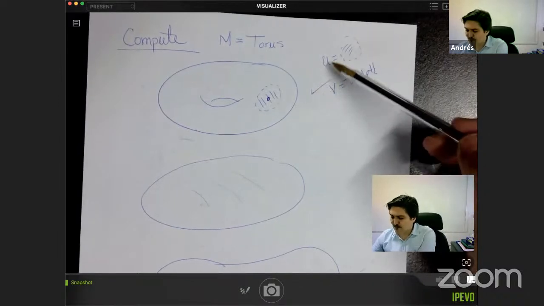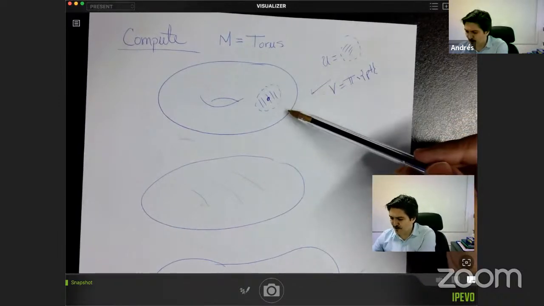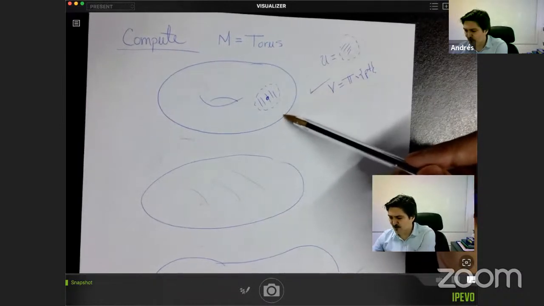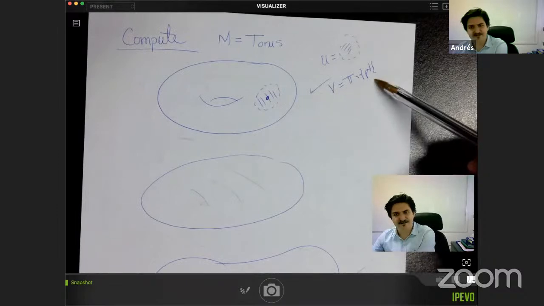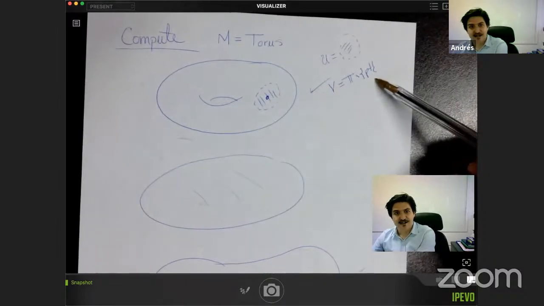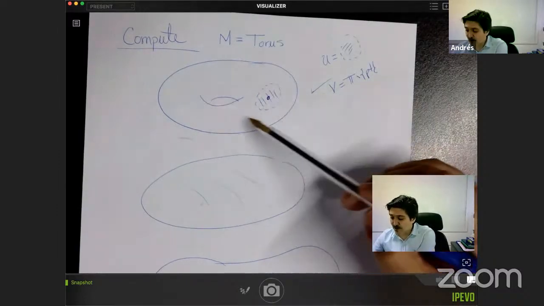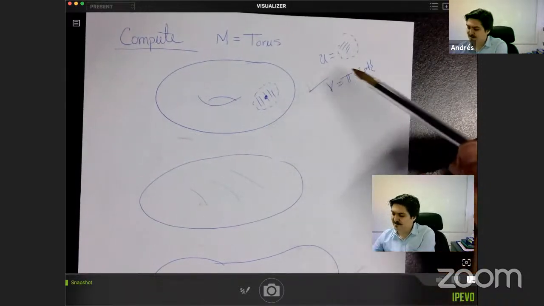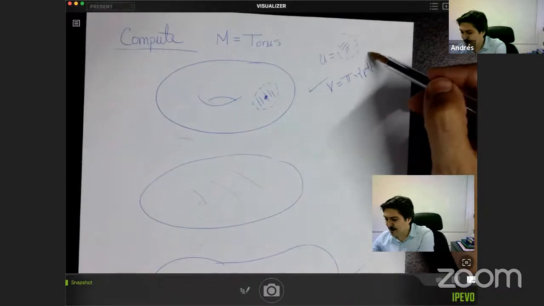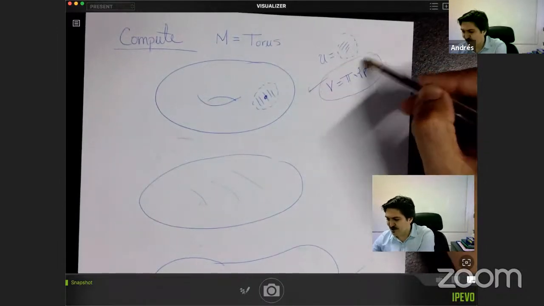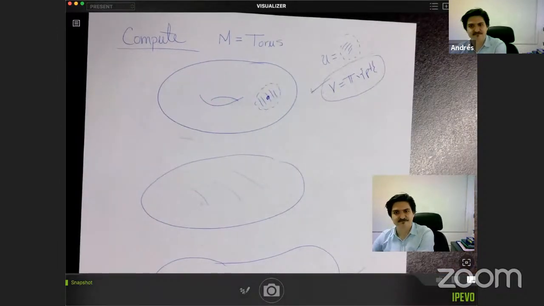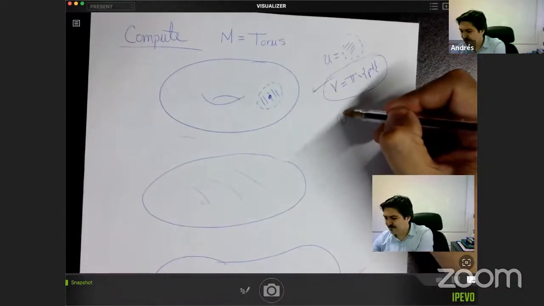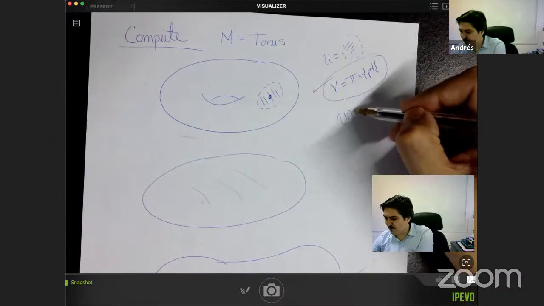Now, this covering is not used to compute the cohomology of this because we don't know the cohomology of the torus and we don't know this. However, if we know the cohomology of the torus, we will be able to compute now the cohomology of V. Because U intersection V is the homotopy type of what?